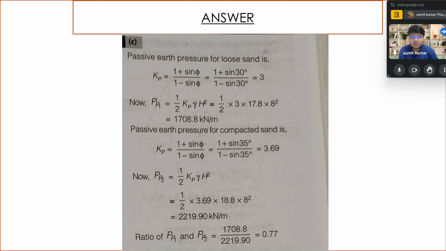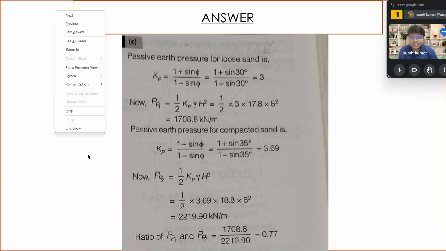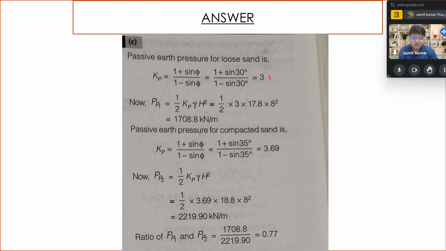First of all, we have calculated the value of Kp for φ equal to 30 degrees as 3, and then we calculate Pp1 as 1/2 Kp γ h², which we get as 1708 kilonewton per meter. Now we calculate the Kp for φ equal to 35 degrees and we get 3.69.